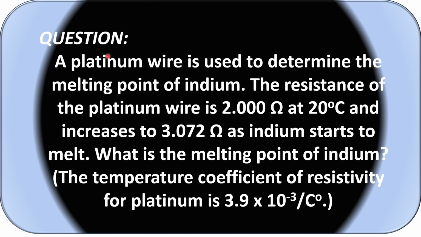The question is, a platinum wire is used to determine the melting point of the element indium. The resistance of the platinum wire is 2.000 ohms at 20 degrees Celsius and increases to 3.072 ohms as indium starts to melt.